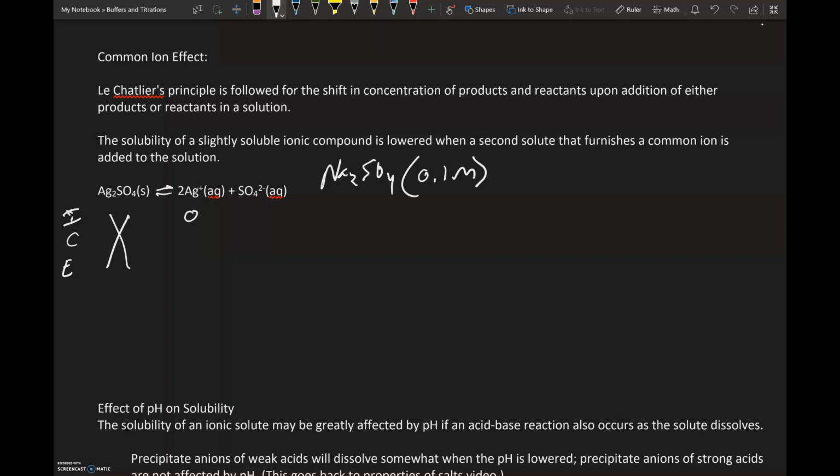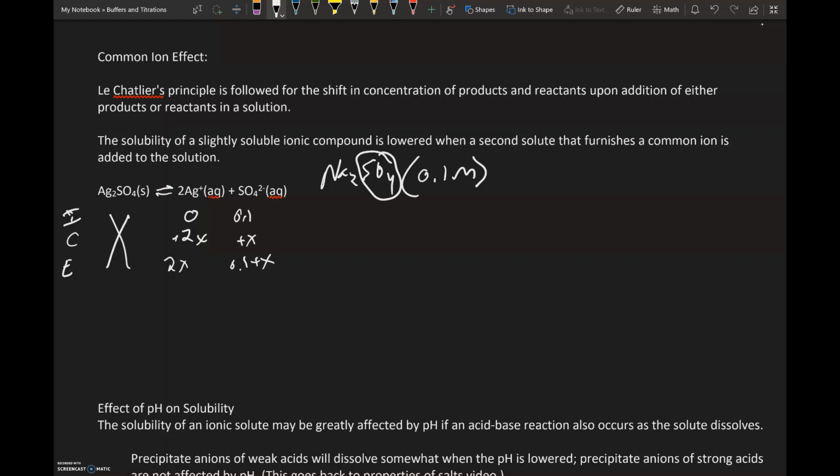It's still 0 for silver because there's nothing introduced, but the sulfate ion here is a common ion in this equilibrium. And so now, instead of the sulfate being 0, it's going to be 0.1. And so you're still going to have plus x here, and in fact it's going to be 2x because of the 2 in front of the silver. And this is going to be plus x here. So you have 0.1 plus x.